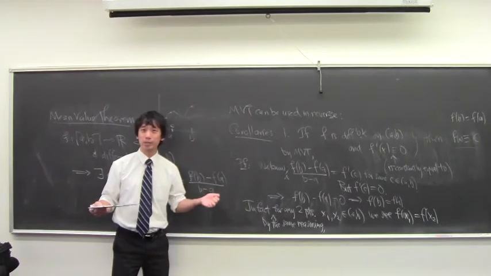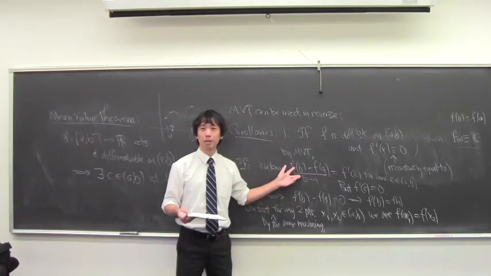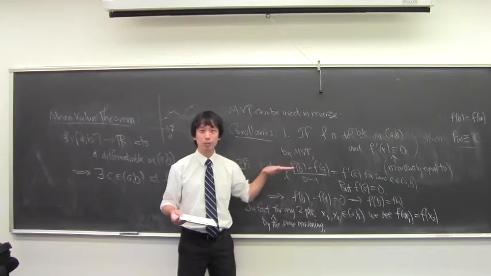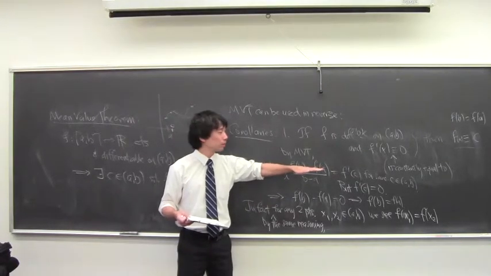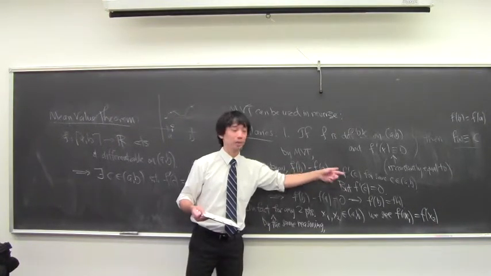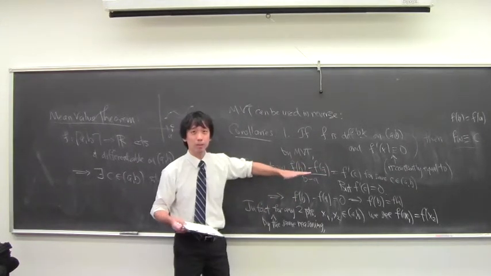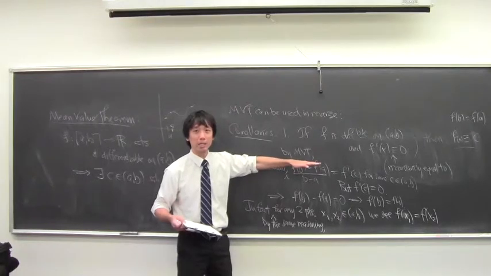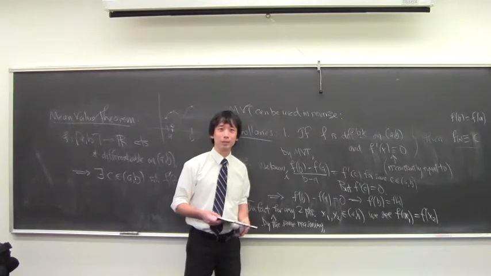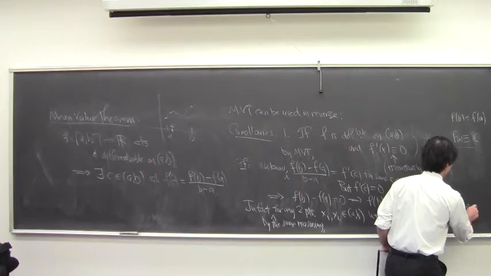If you take any two points, they're going to have the same value. The slope of the line between those two points must equal the slope of the tangent line somewhere. But the slope of the tangent line is 0 everywhere, so f of x1 must be f of x2. So it's not just that the line from beginning to end is flat. Every secant line is flat. So it's a constant function. So f is a constant function.